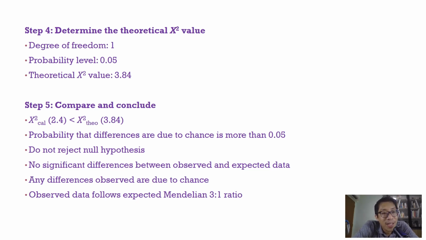So it is likely that the differences are due to chance and not significant. Therefore, we do not reject the null hypothesis. The observed data still follows the expected 3:1 ratio. Okay, so this would be the practice question.